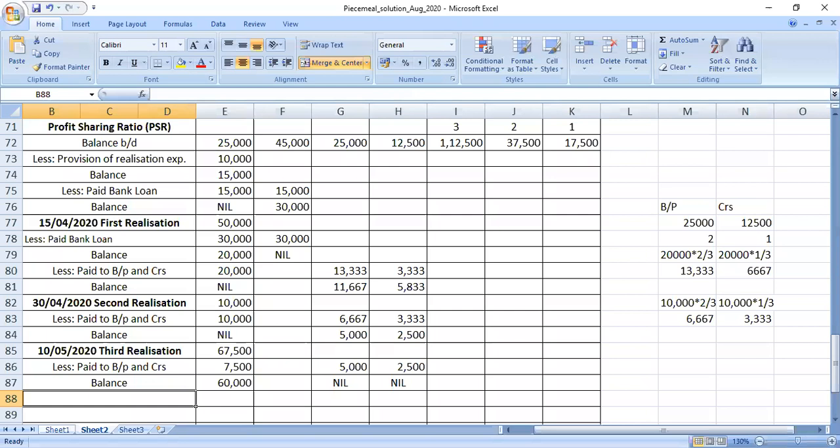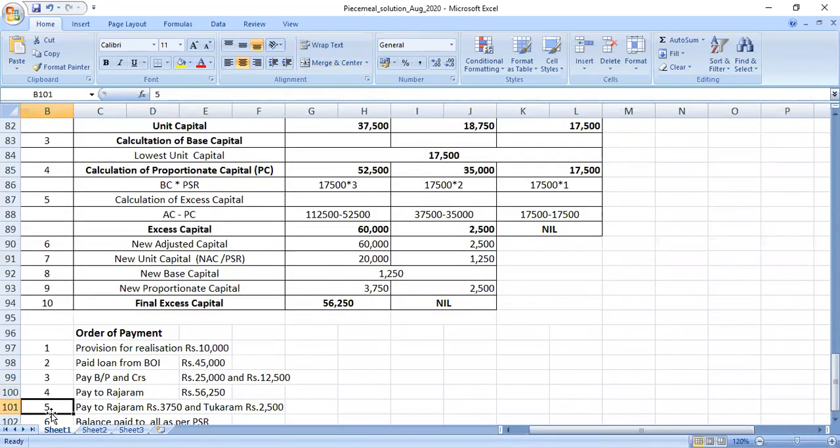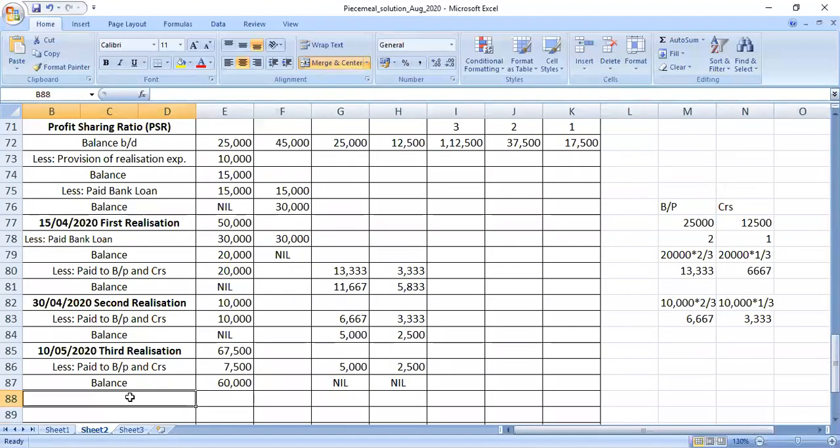Now friends, the third order of payment is over, now the fourth order. Under the fourth order, paid to Rajaram 56,250. We have 60,000, so we can easily pay. Amount 56,250.